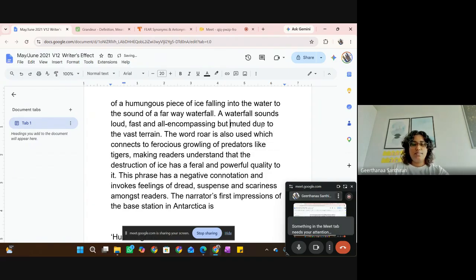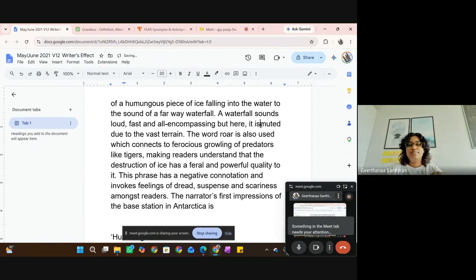The word roar is also used, which connects to ferocious growling of predators like tigers, making readers understand that the destruction of ice has a feral and powerful quality to it. This phrase has a negative connotation and invokes feelings of dread, suspense, and scariness amongst readers.